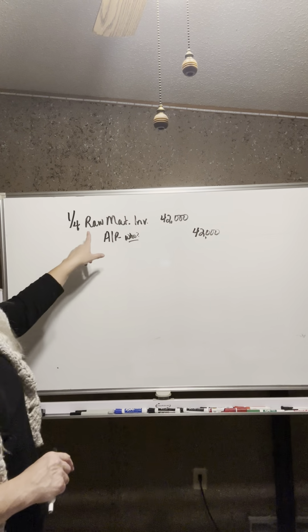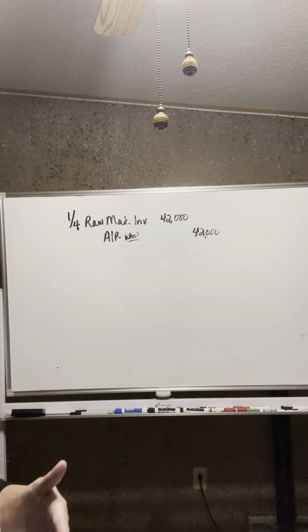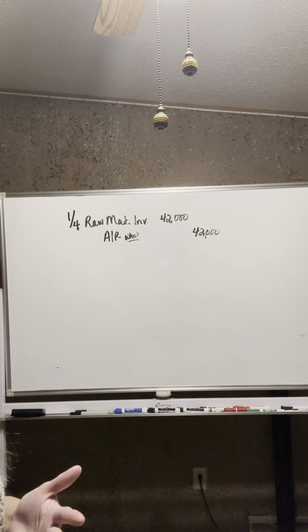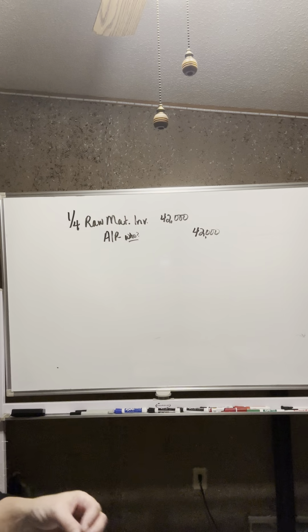The raw materials inventory is a control account. We talked about how accounts receivable is a control account for the accounts receivable subledger. In 101, the same thing with accounts payable for the accounts payable subledger. We worked with those in the practice set.